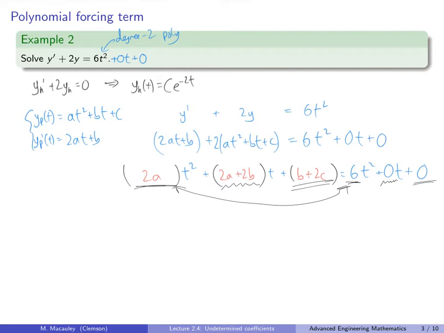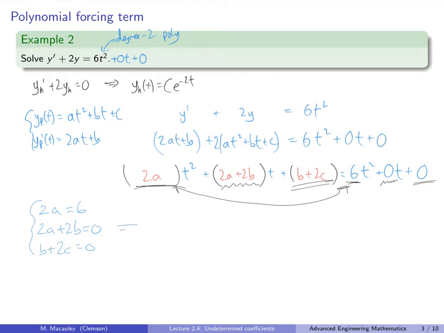So this gives us a system of equations. 2a equals 6. We also have 2a plus 2b equals 0. And b plus 2c equals 0.